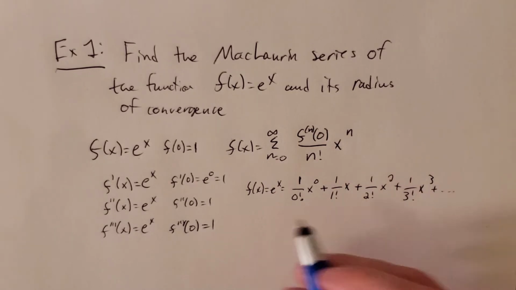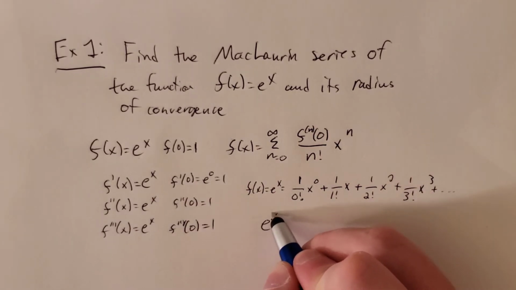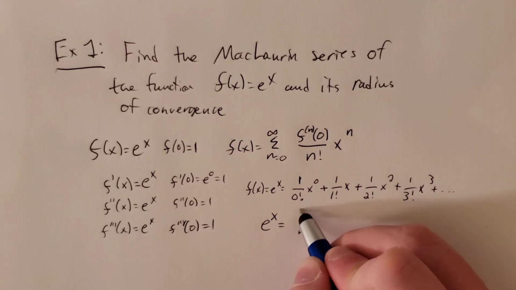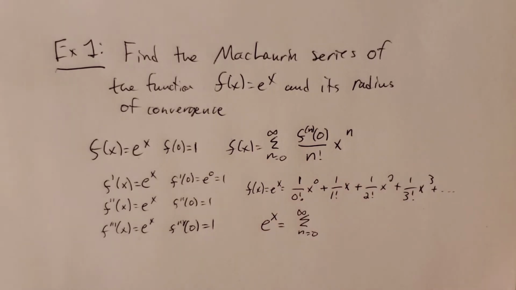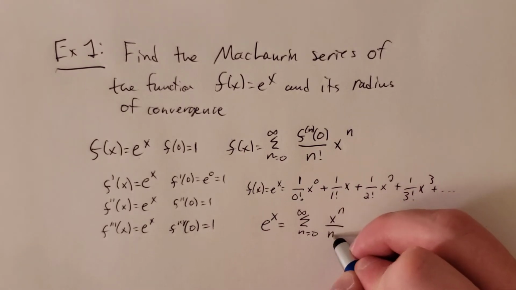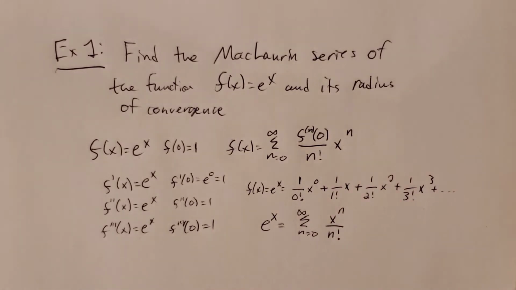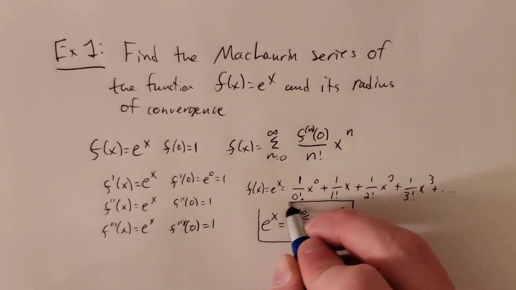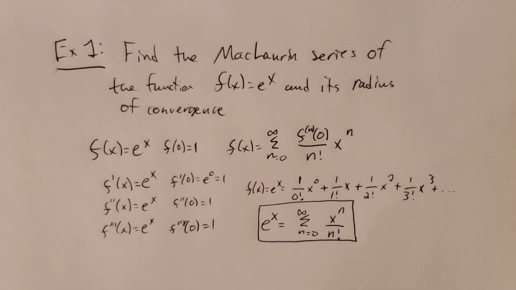And if we write out this pattern, it tells us that e to the x is equal to the sum of the series from n equals 0 to infinity of x to the n over n factorial. And so this is our MacLaurin series for e to the x.